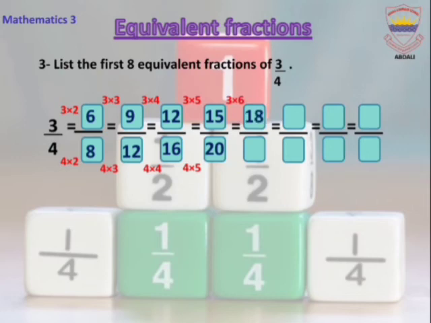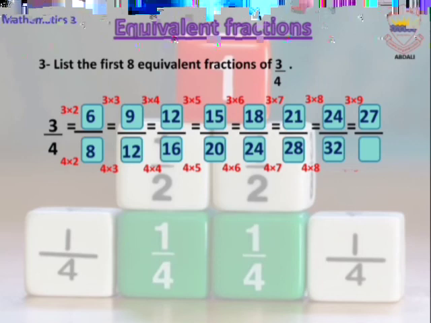Table of 6, 3 6 is 18, 4 6 is 24. Up to 7, 3 7 is 21, 4 7 is 28. Up to 8, 3 8 is 24, 4 8 is 32. Table of 9, 3 9 is 27, 4 9 is 36.